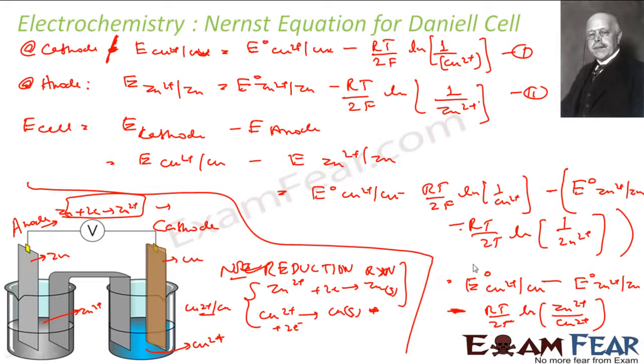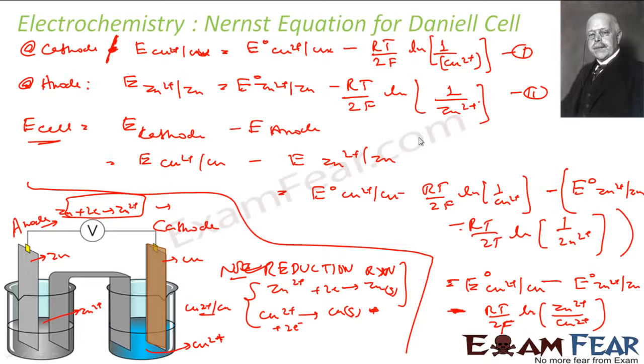And this whole thing is nothing but the standard E cell, E naught cell. Correct? So E cell becomes E naught cell minus RT by 2F ln of Zn2+ by Cu2+. This is only for the Daniell cell.